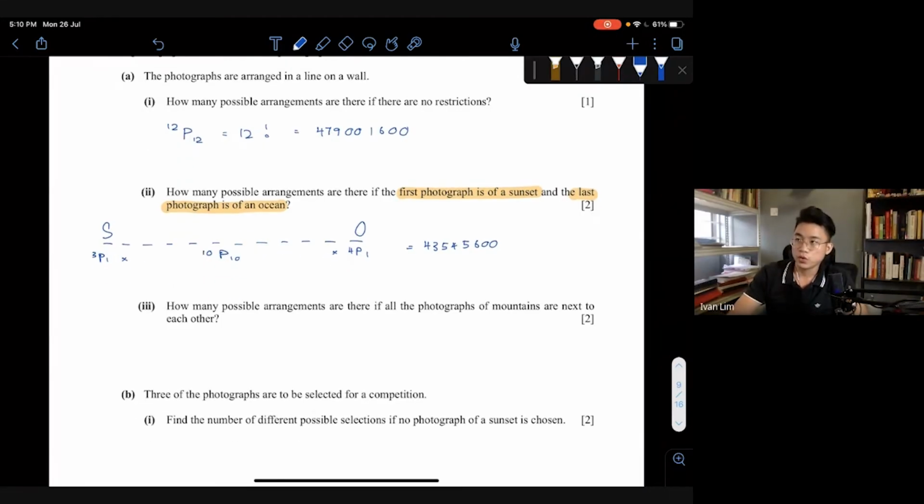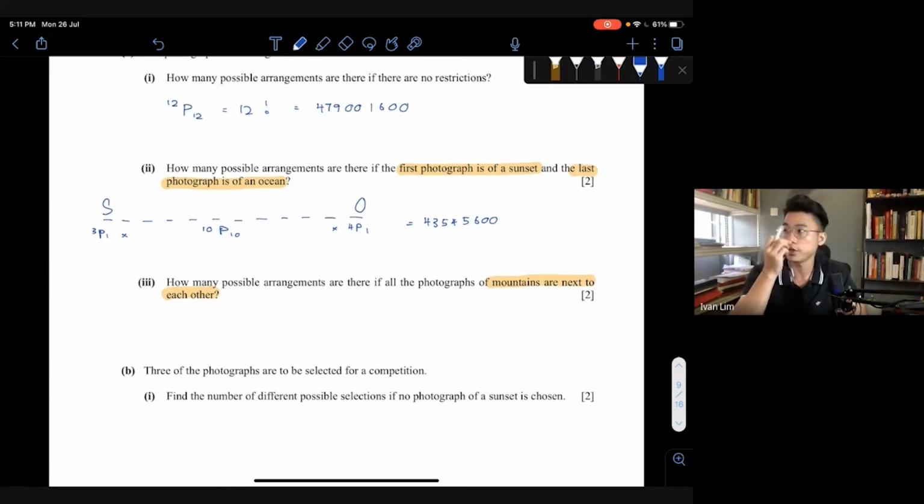Okay, question 3. How many possible arrangements are there if all the photographs of mountains are next to each other? So the condition is mountains all next to each other. You all have to draw it out to see. How do we arrange the mountains?